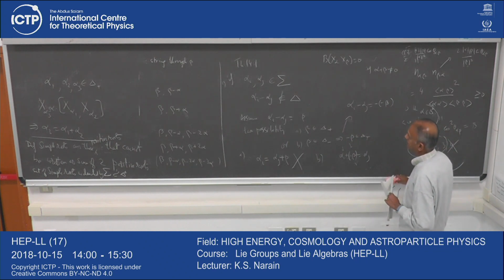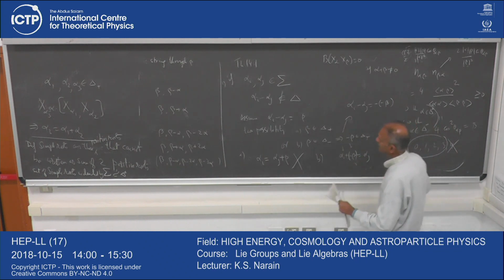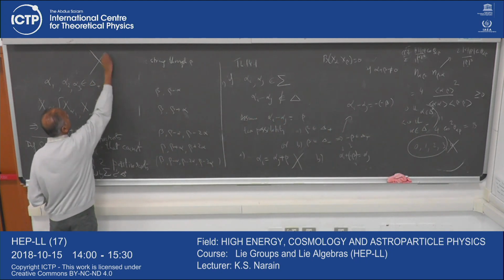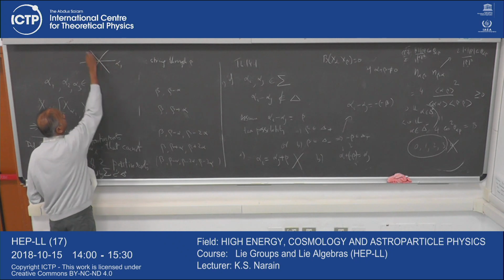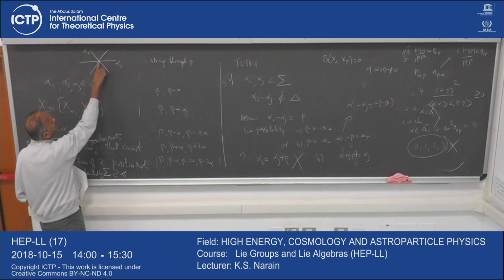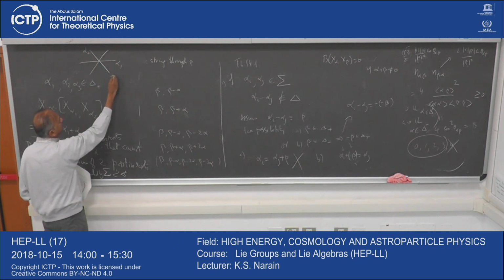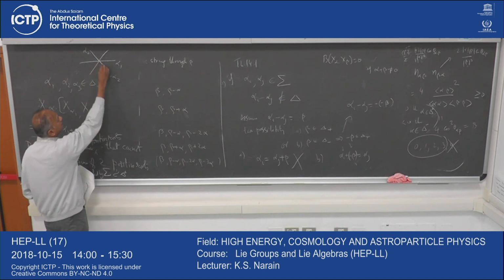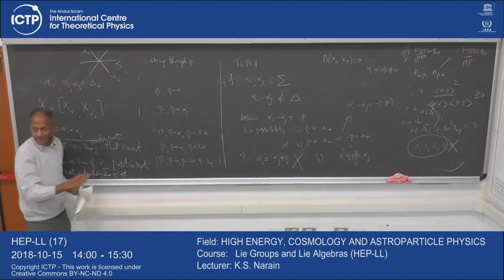So you see that this is indeed, you remember this again, the SU3 picture is always good to remember. So we had alpha 1, alpha 2. Alpha 1 minus alpha 2, so this is minus alpha 2, right? So this plus that would be somewhere here, but that didn't exist.